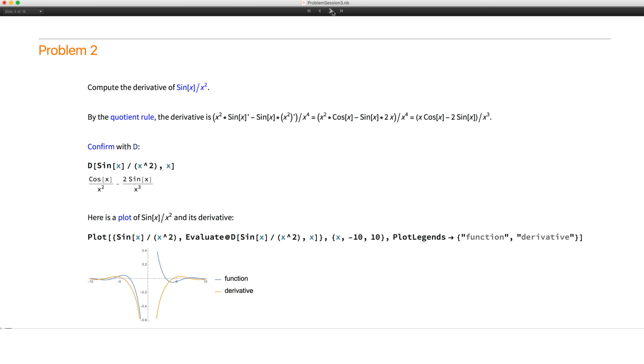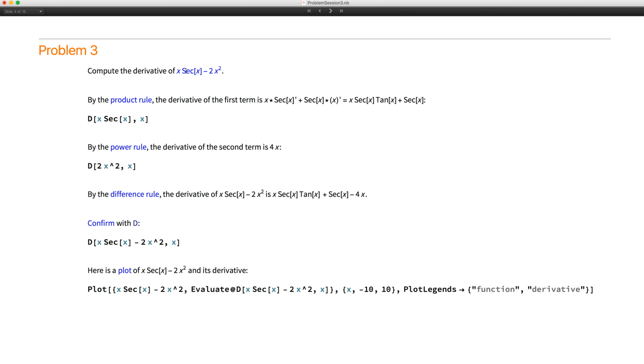So let's go on to number 3. It says find the derivative of x times secant x minus 2x squared. For the first term, x times secant x, you work out the derivative with the product rule. So you get x times derivative of secant x plus secant x times x prime, and that's the answer.